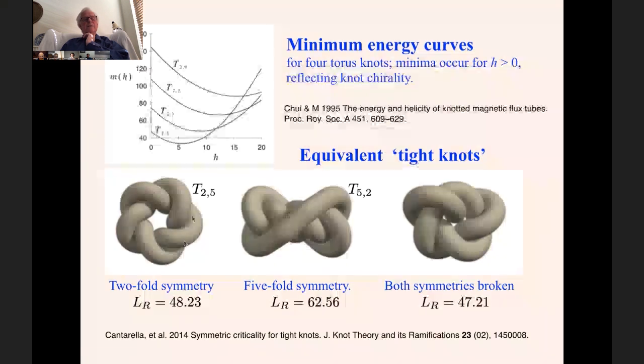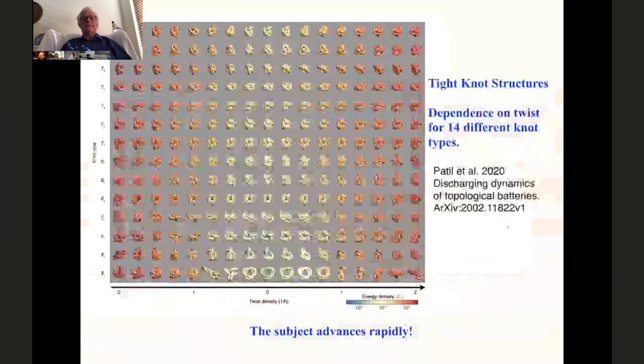Here it may be a coincidence, but the T25 here, if we take the minimum energy for H equals about 8, the minimum energy, if I go along here, is very close to the 48.23 found by Cantarella, but I'm not sure this may be just coincidence.